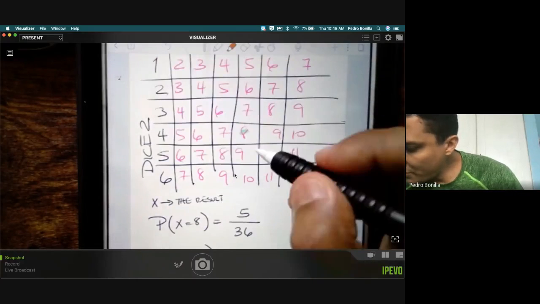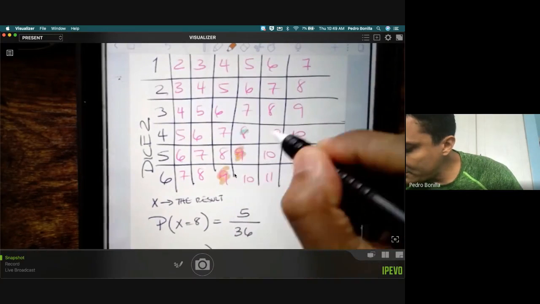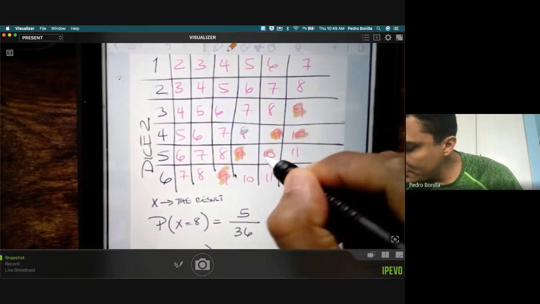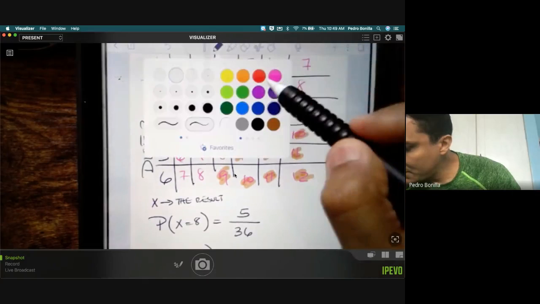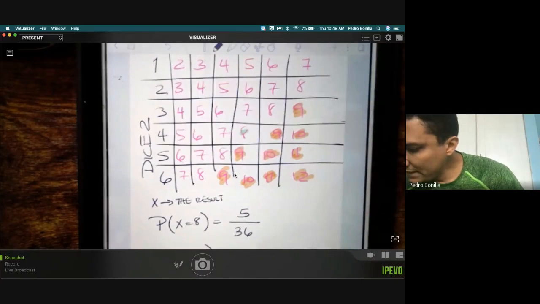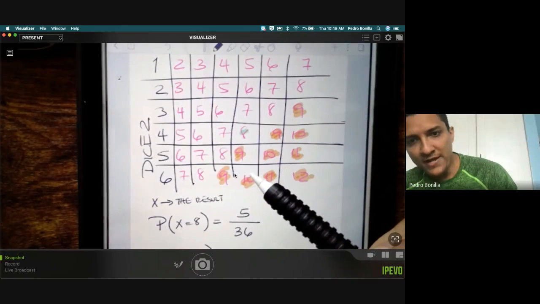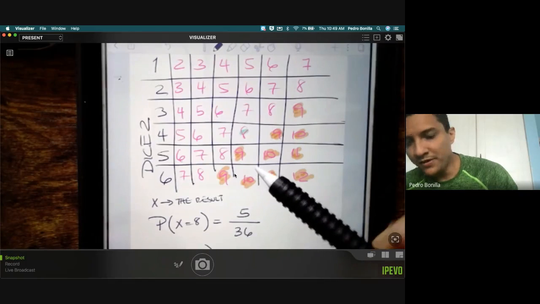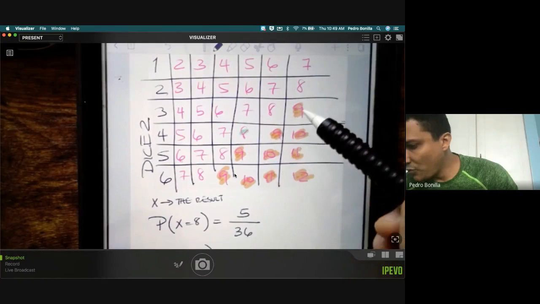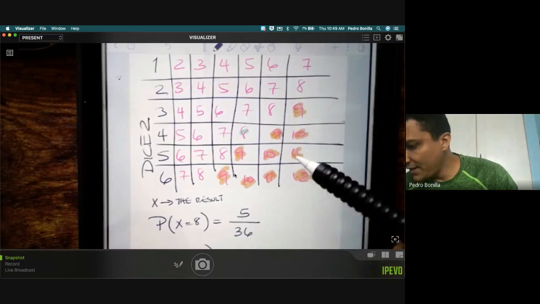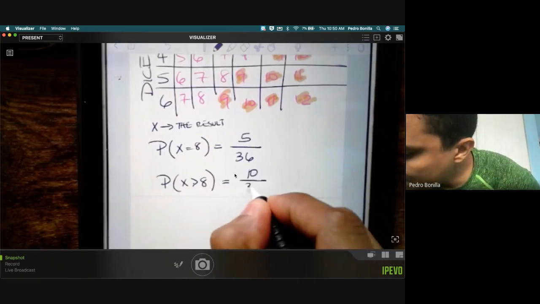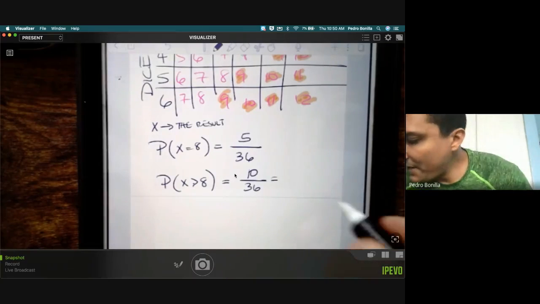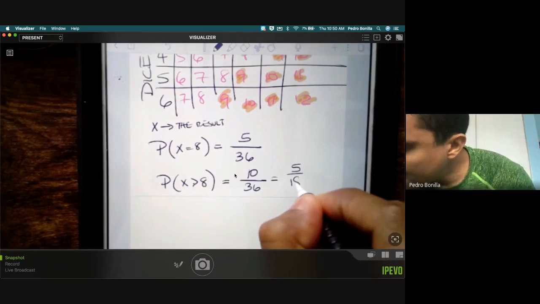Greater than 8: 9, 10, 11, and 12. So let's see in how many ways we can get a number greater than 8. 1, 2, 3, 4, 5, 6, 7, 8, 9, 10. In 10 different ways out of 36. So if we divide by 2, it's going to be 5/18.